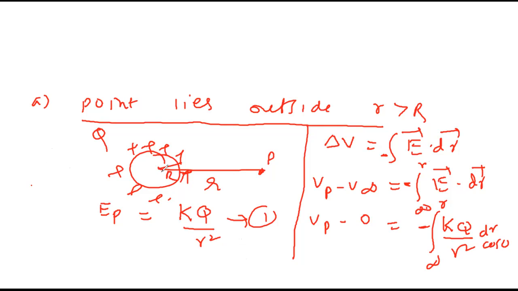Potential difference between point from infinity to r is integration of E dr from infinity to r with opposite sign.